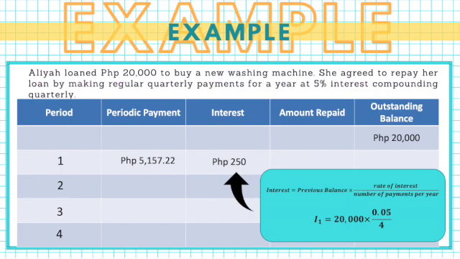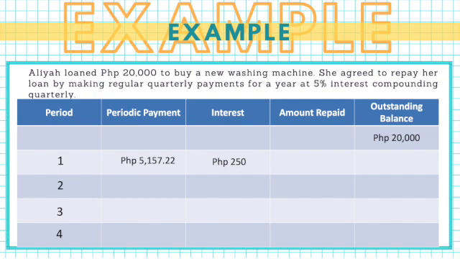Next, let's compute for the amount repaid. This is the amount repaid to the outstanding balance without interest. So we are going to take out the interest from the periodic payment. Remember that the periodic payment already has interest, so we have to remove that to get the amount repaid.